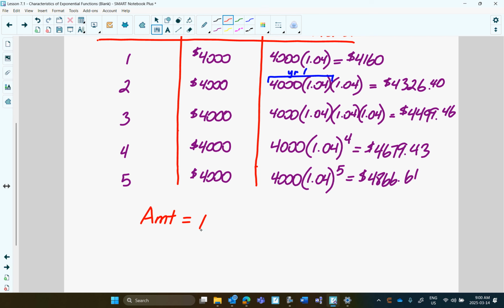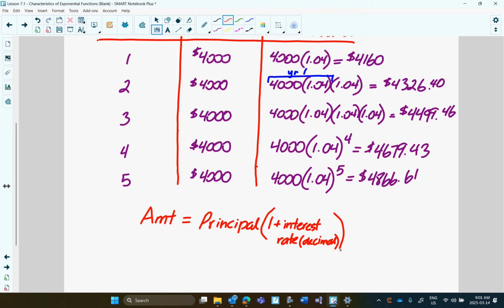We take the principal times 1 plus the interest rate in decimal, raised to the number of, what do you notice this is the same as?